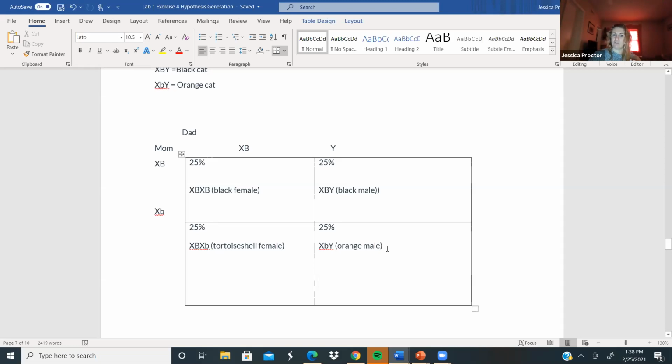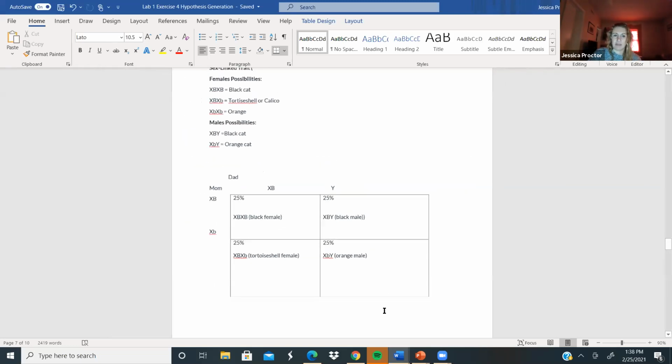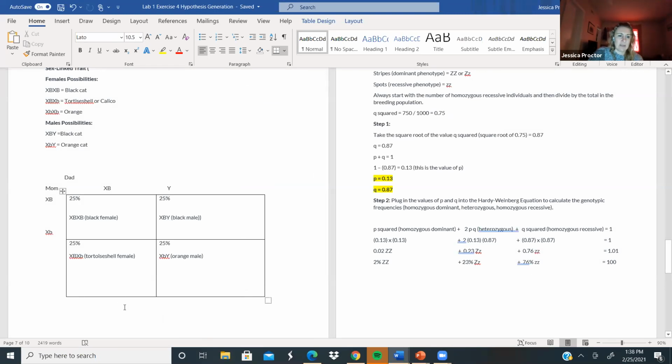But if it's asking about just the probabilities in general, then you could say essentially every single time these two cats have kittens, they have a 25% chance of having a black female. They have a 25% chance of having a black male. They have a 25% chance of having a tortoiseshell female. And they have a 25% chance of having an orange male.